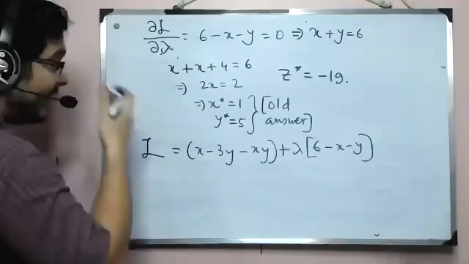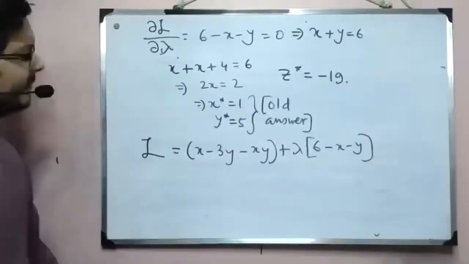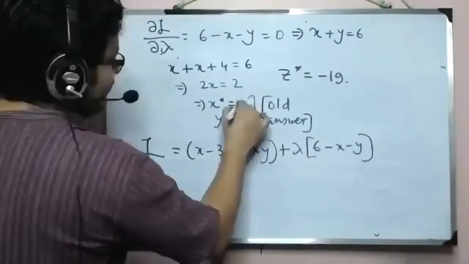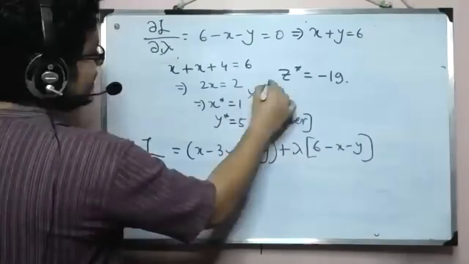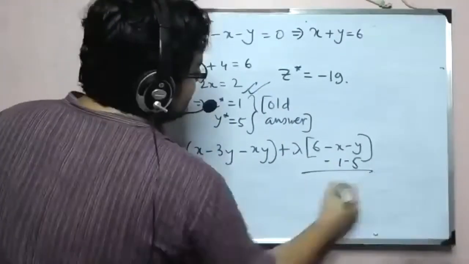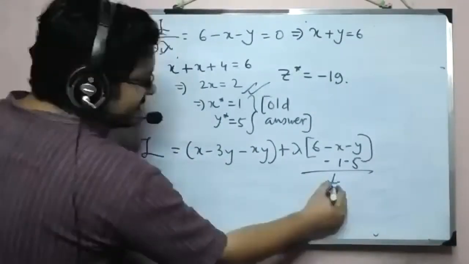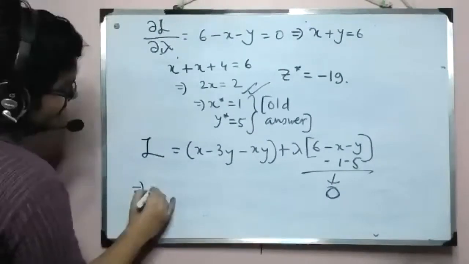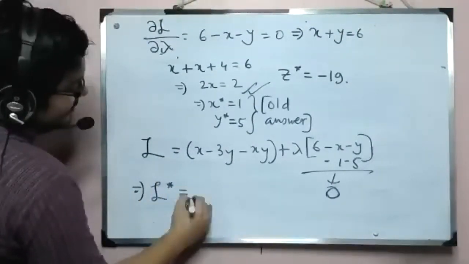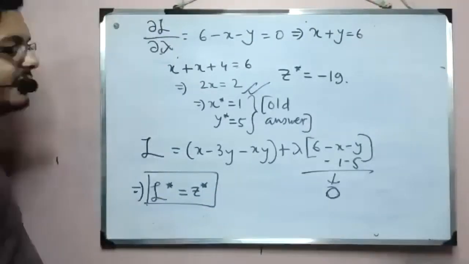Note that we have not found lambda yet, but that's fine. Now if I put 1 and 5 here, this will give me 0. Since this gives me 0, immediately I know that script L star is identically equal to z star.